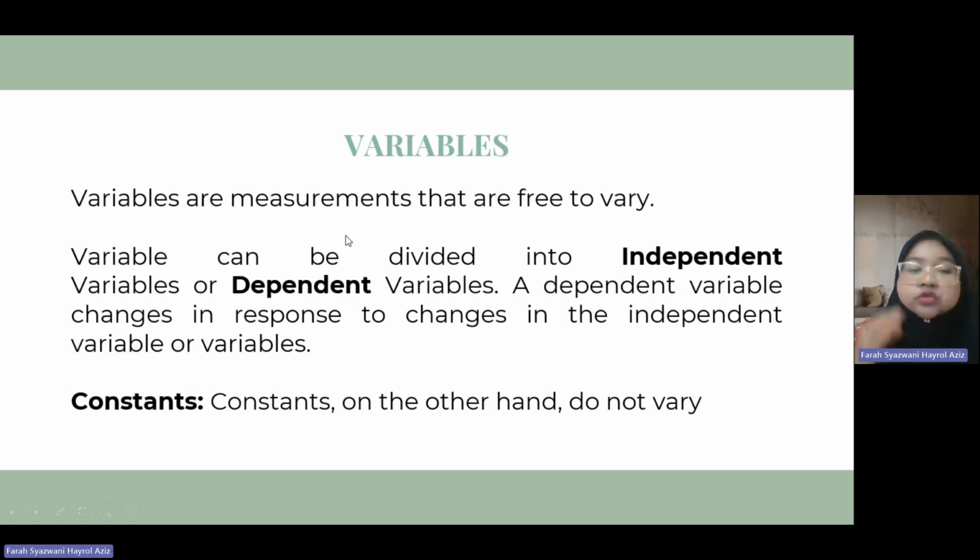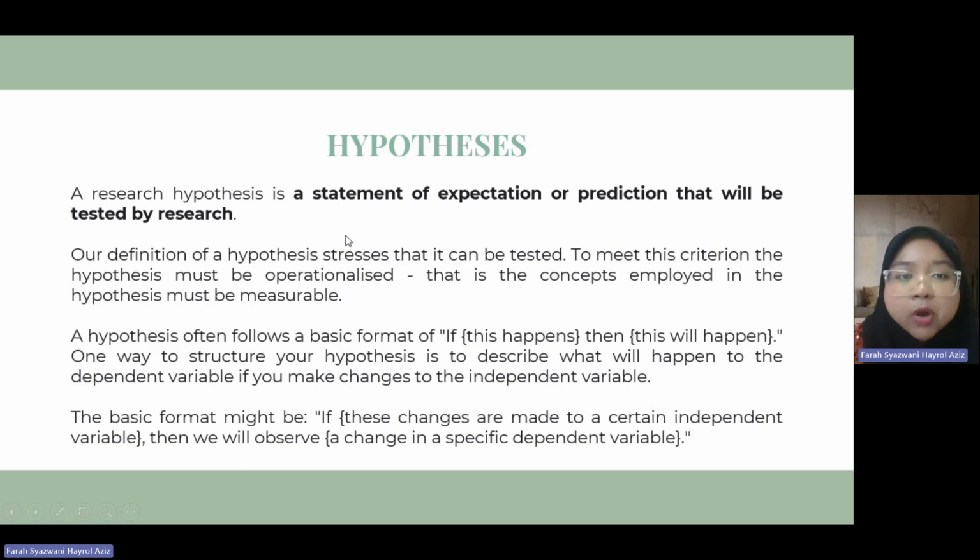Okay, so now in terms of hypothesis. A research hypothesis is a statement of expectations or predictions that will be tested by research. Our definition of a hypothesis stresses that it can be tested. To meet this criterion, the hypothesis must be operationalized. That is, the concepts employed in the hypothesis must be measurable.